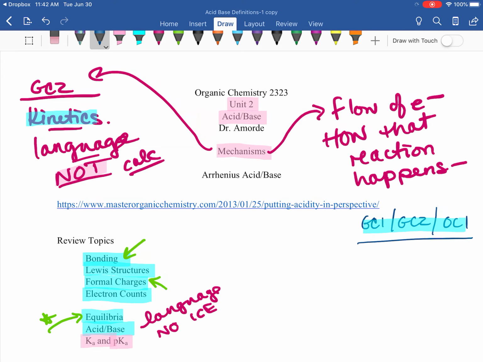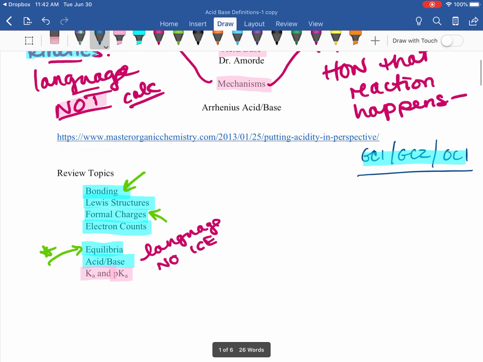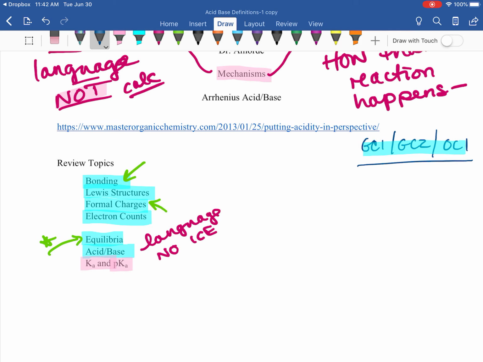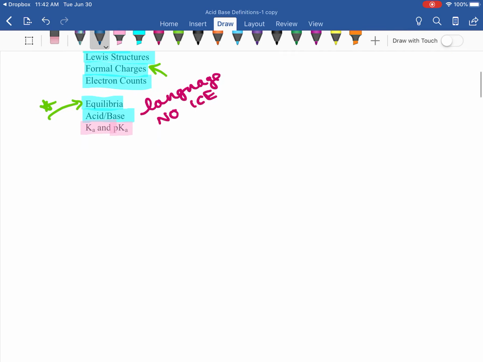So why don't we start with a reaction that I know in my heart all of you have seen before. And then I can really define what a mechanism is and show you our traditions for mechanisms, and then also do some nice reviewing and defining of acids and bases. I want to start with a reaction, like I said, I know in my heart we have all seen before, and that is hydrochloric acid.